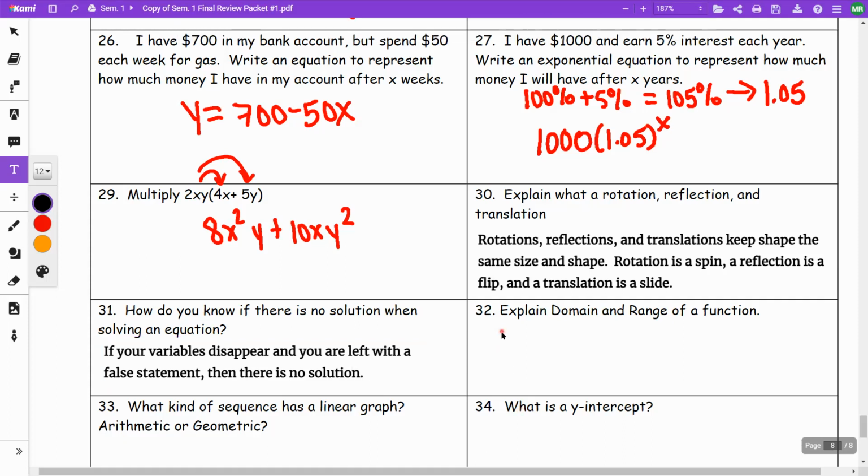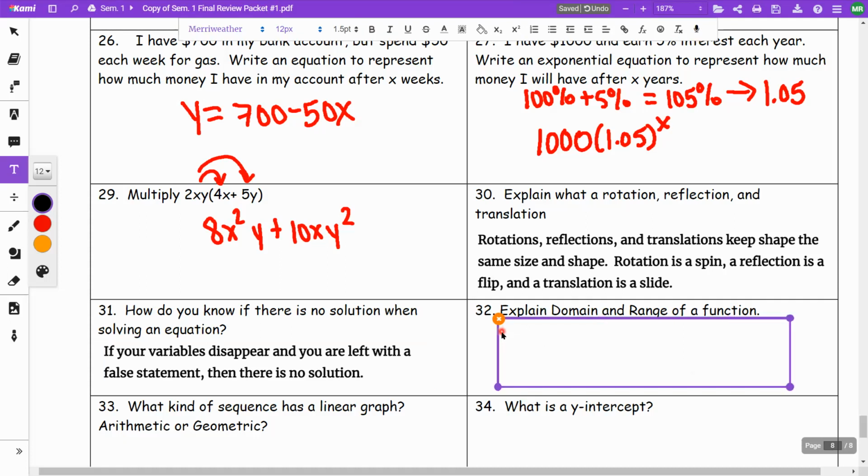Domain and range. So domain, all possible x values for a graph.